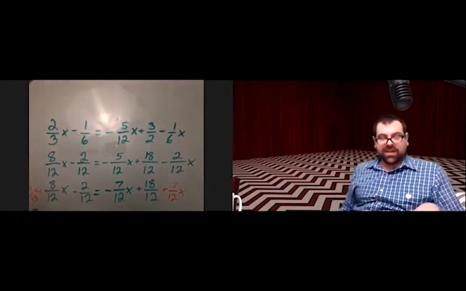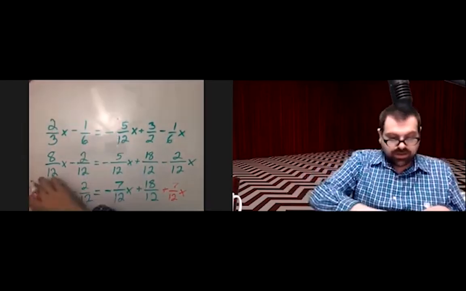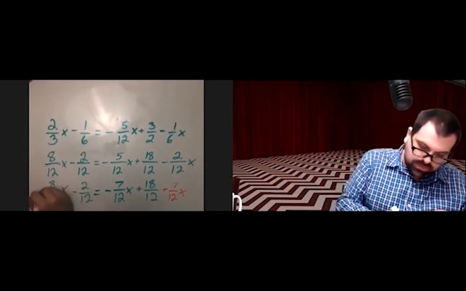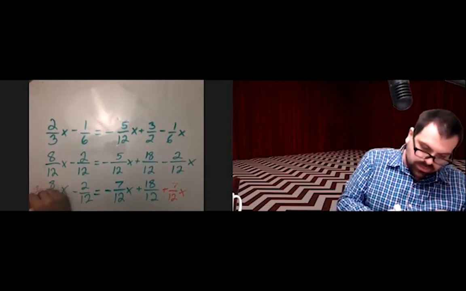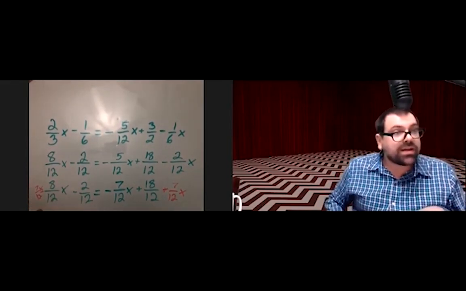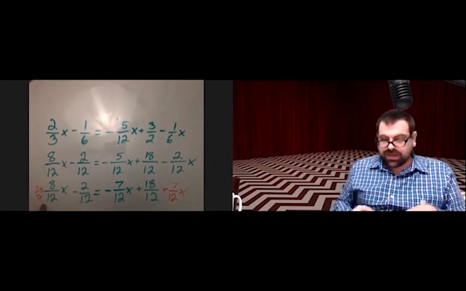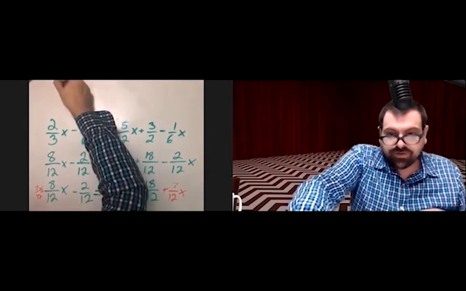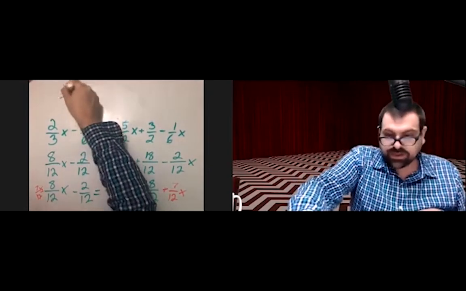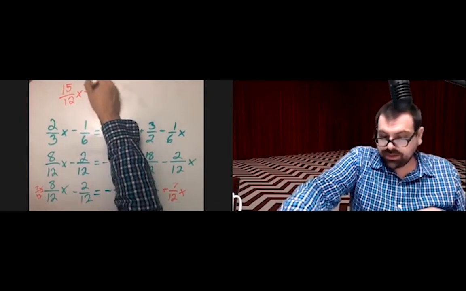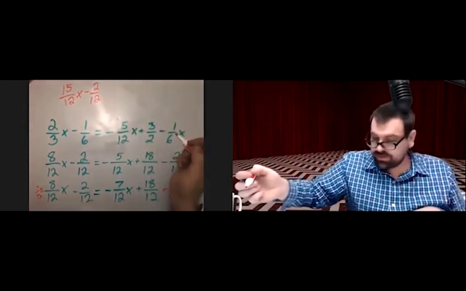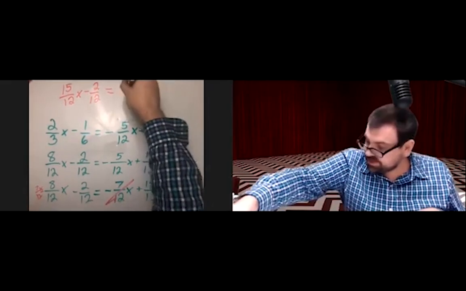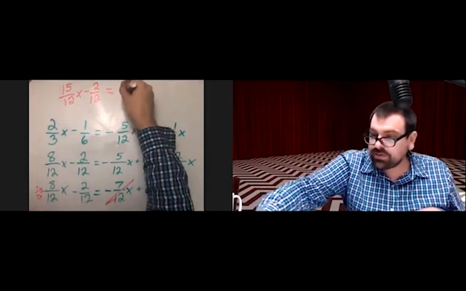So plus 7/12 x in there. Yeah. Plus 7/12 x. 7 plus 8 is 15/12 x minus 2/12 equals, these are gone. All that's left is positive 18/12.